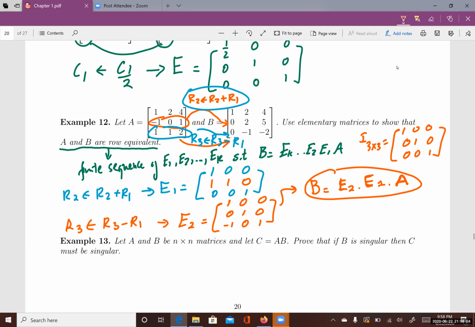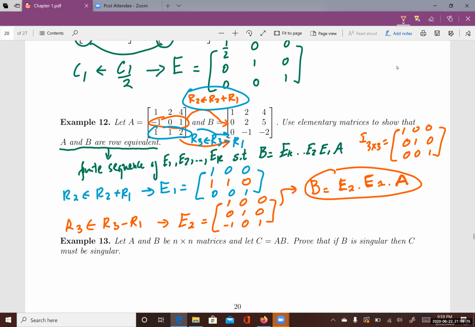Because once I change row 2, so if I change row 2 first, then I have a new matrix, right? And my new matrix will be the same row 1, the new row 2, and the same row 3. And then I use row 1 to change row 3.